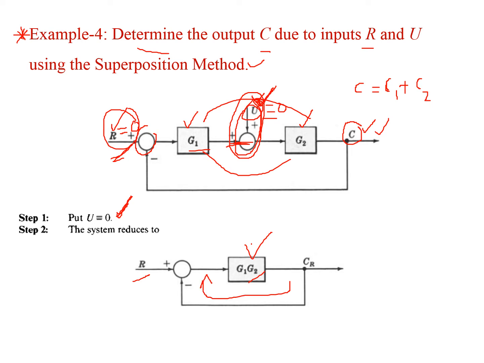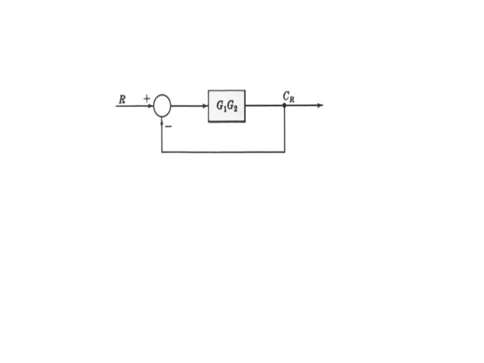Just eliminate the negative feedback loop and find out C_R, that is the output due to input R, which is represented here. Okay, this is simply a negative feedback system.